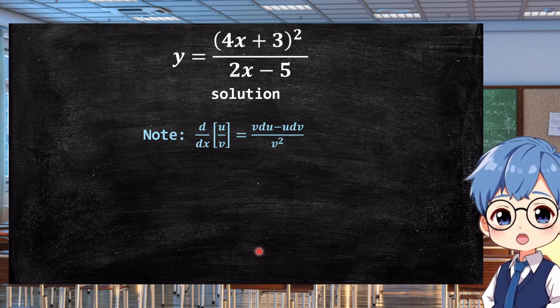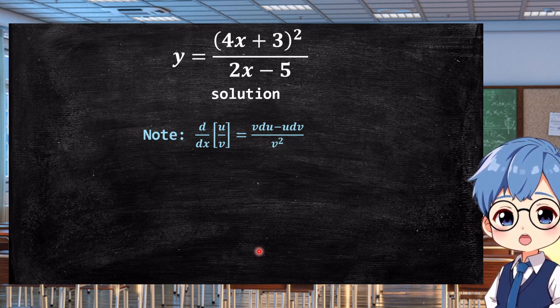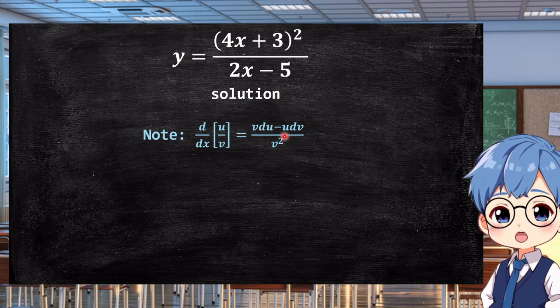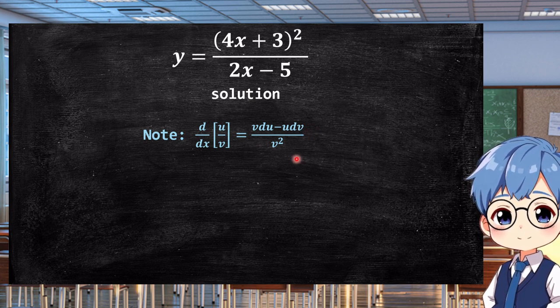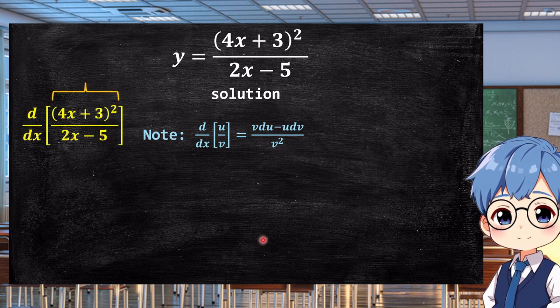The quotient rule dictates that if you are going to get the derivative of u over v, where our u is the numerator and v is the denominator, the pattern is v du minus u dv all over v squared. So in this scenario, our u is 4x plus 3 quantity squared, and then our v is 2x minus 5.